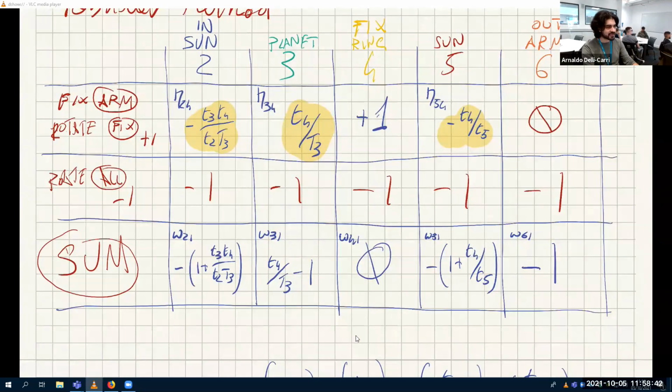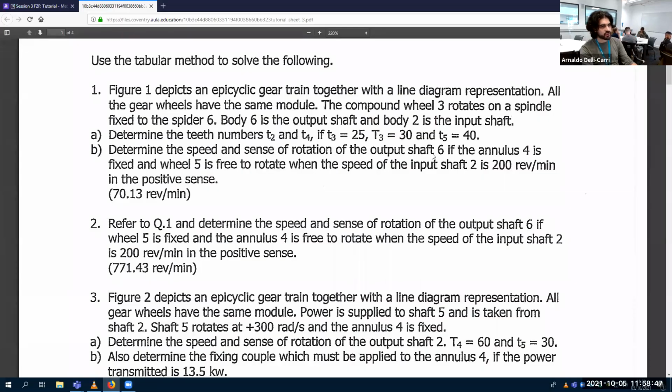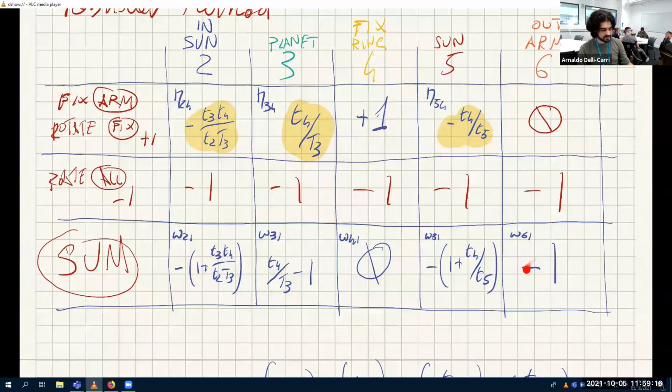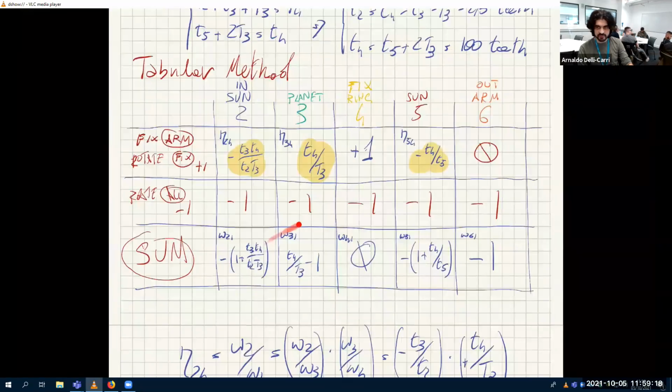Now the question is asking the speed and sense of rotation of the output shaft if the input shaft goes 200 RPM. So if omega 2 is 200 RPM, how much is omega 6? Okay? Well, now we can find the transmission ratio, omega 2 over omega 6. This is the input, this is the output.